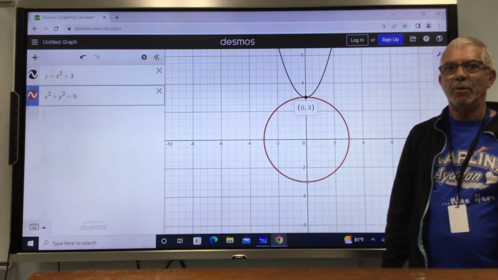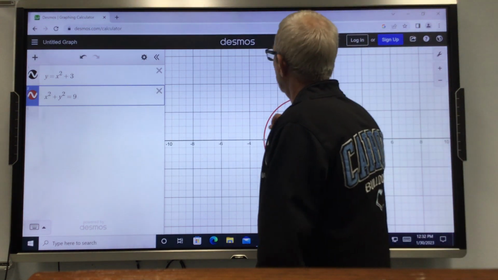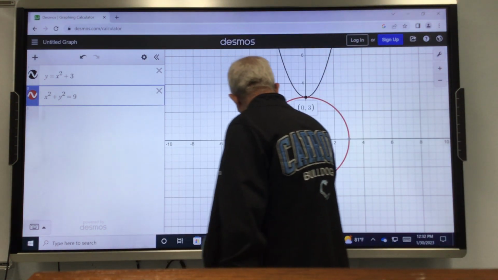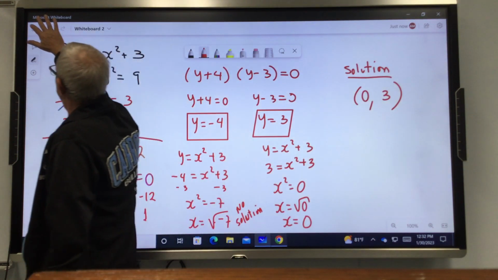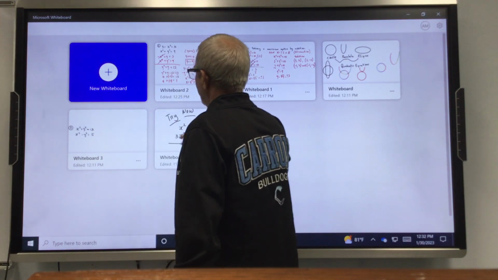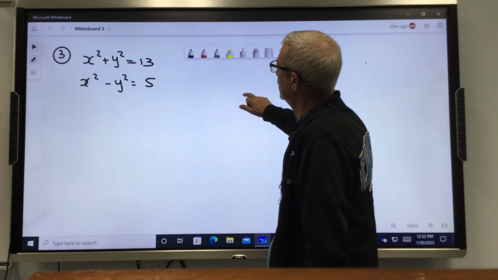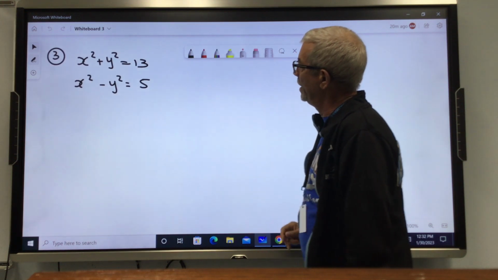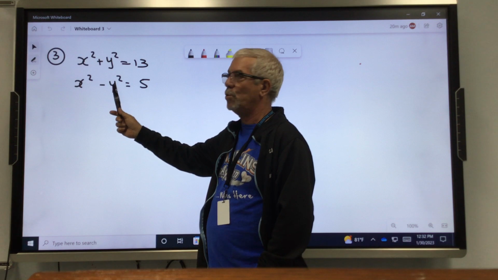Okay. Number 3. Can I go to number 3? The last one. That one is very easy to do because we have y squared positive and y squared negative.